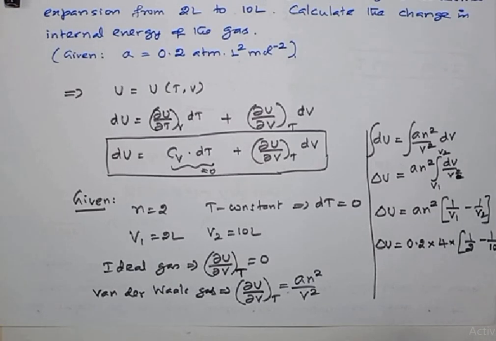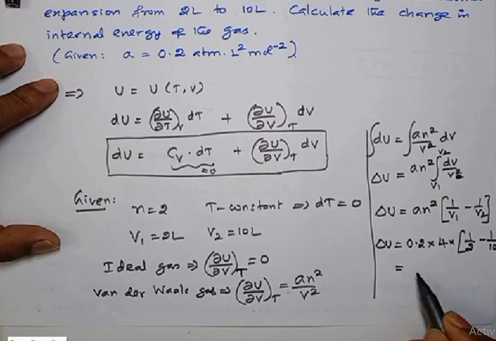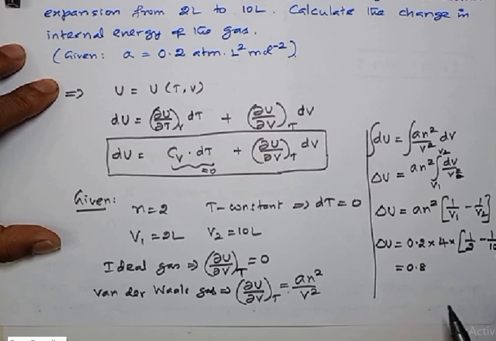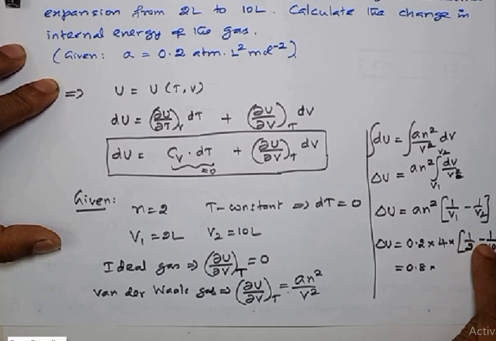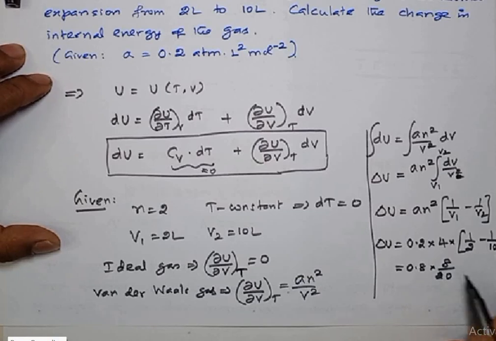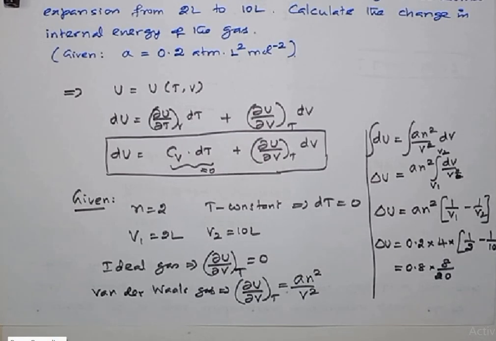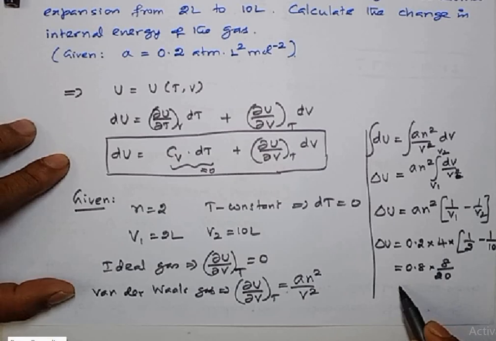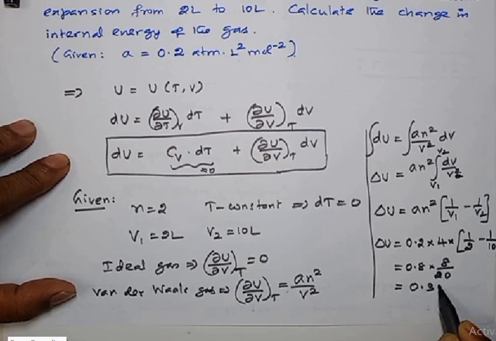If you simplify this, you get 0.8 into, make the cross multiplication and take the LCM here, so 10 minus 2 is 8, so 8 by 20. If you simplify this, we'll get the answer as 0.32.